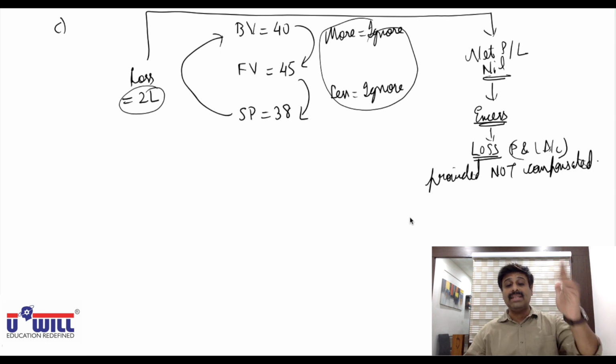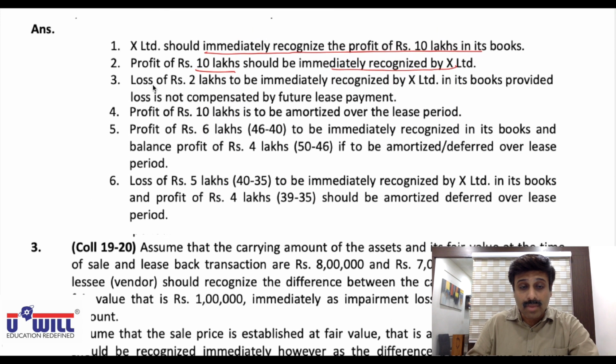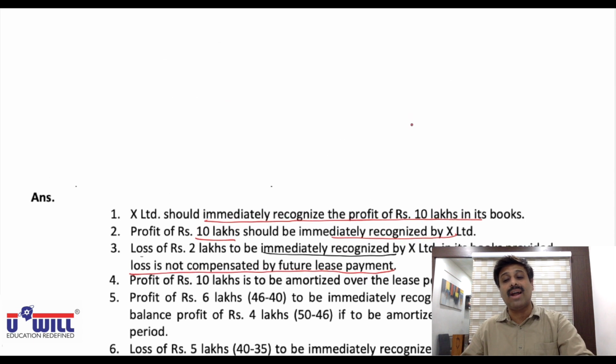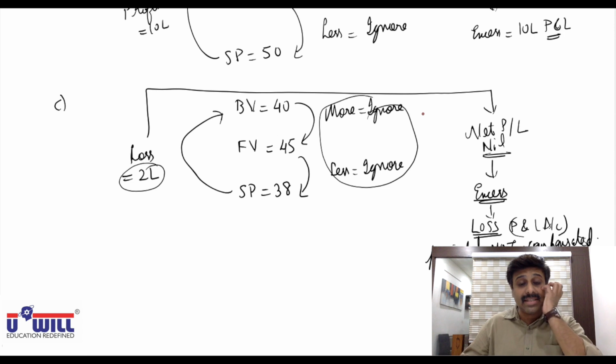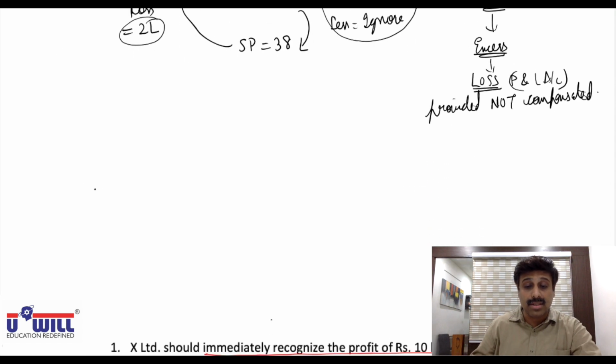If it is compensated by future lease payments, then the loss of 2 lakhs will be amortized over the lease term. See it in your answer: loss of 2 lakhs to be immediately recognized in its books, provided the loss is not compensated by future lease payment.